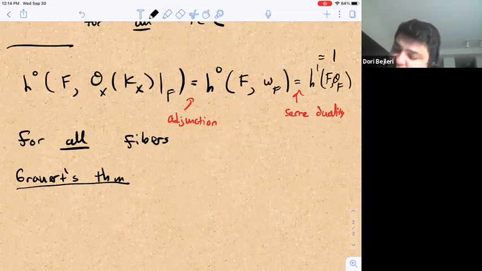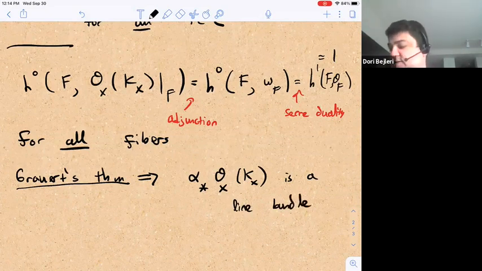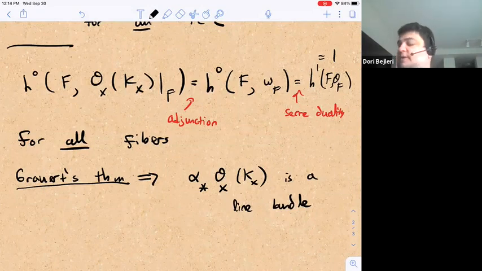So Grauert's theorem tells us that alpha lower star of omega X, or of O_X twisted by K_X, same thing, is a line bundle. And its fibers are exactly these global sections of O_X(K_X) restricted to F. They're all one-dimensional, so it's a line bundle.